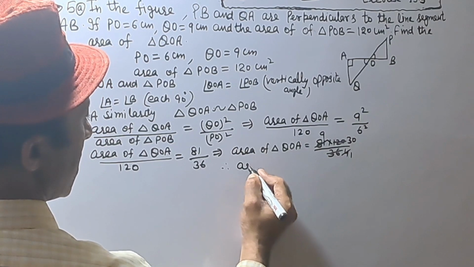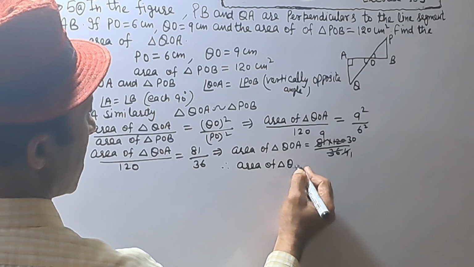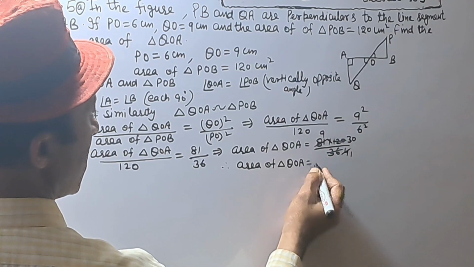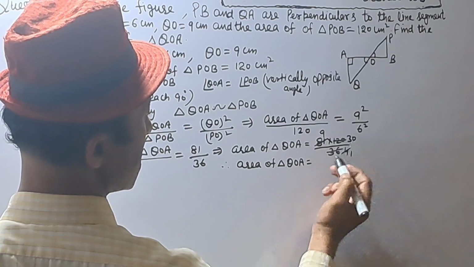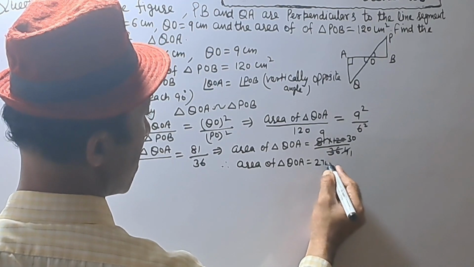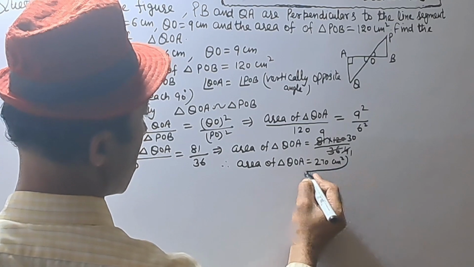So we get area of triangle QOA is equal to 9 3s are 27, 270 centimeter square.